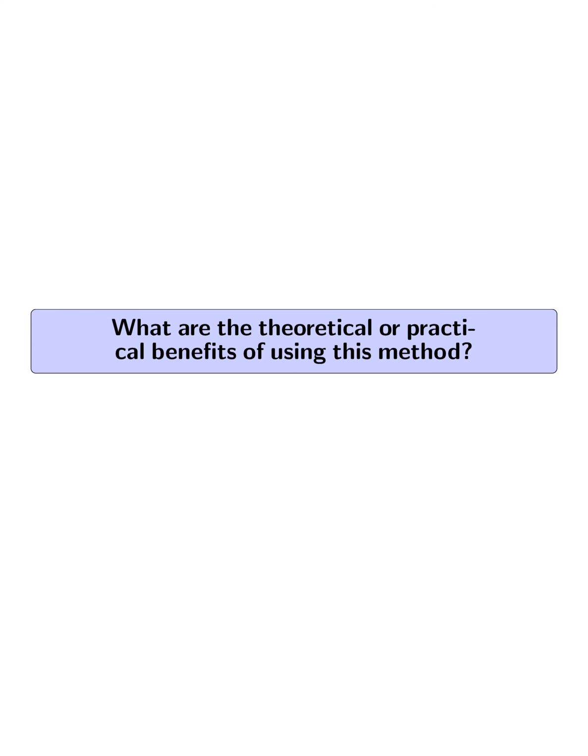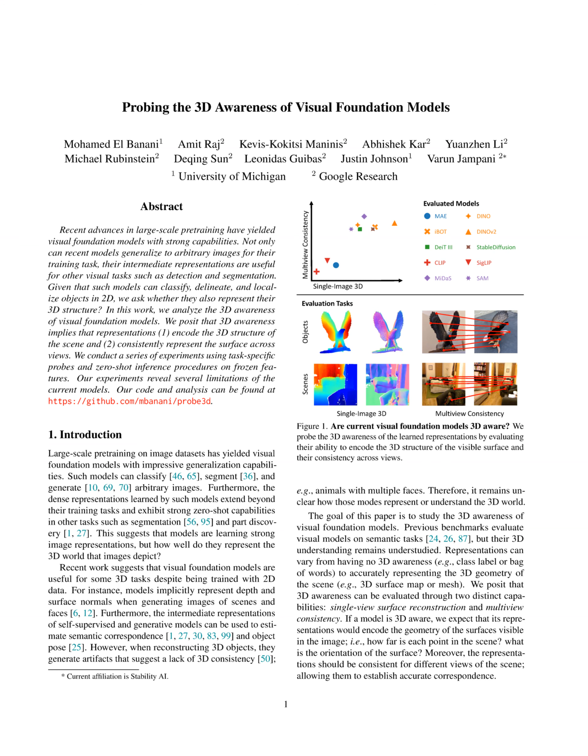What are the theoretical or practical benefits of using this method? The theoretical benefit of using the method described in the paper is that it allows for the evaluation of visual foundation models' 3D awareness by probing their representations on two key capabilities: single-view surface reconstruction and multiview consistency.